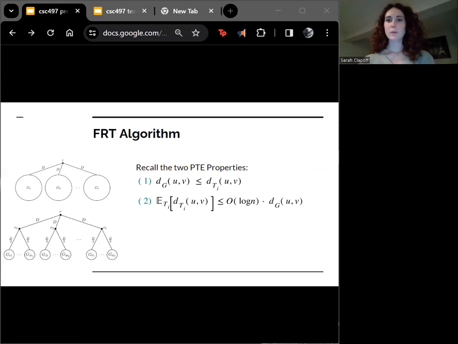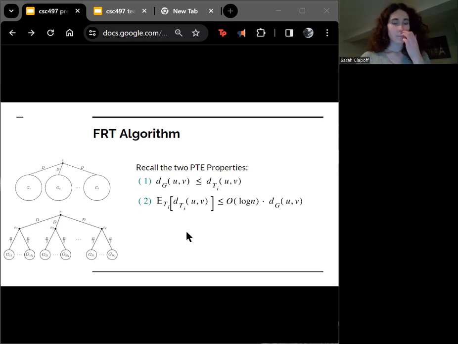For the second property, once again, we look at the event that U and V have their common ancestor at level I, and we use the fact that the diameter of the tree is bounded by 4D. And then we also use the second property of the decomposition procedure, which is that the probability that U and V are separated at the ith level is at most dG(u,v) over D times O of log n.